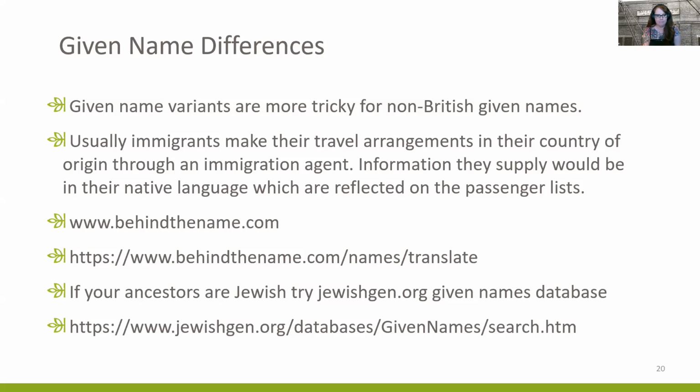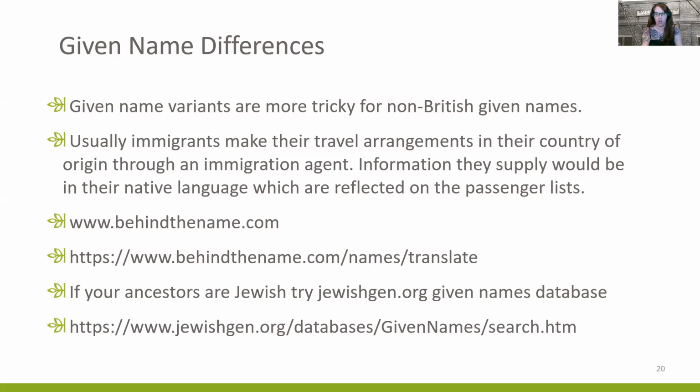For given names, the website I like to use is Behind the Name, and specifically the translate section. So see the URL there. When you go into the translate area, you can choose what country.